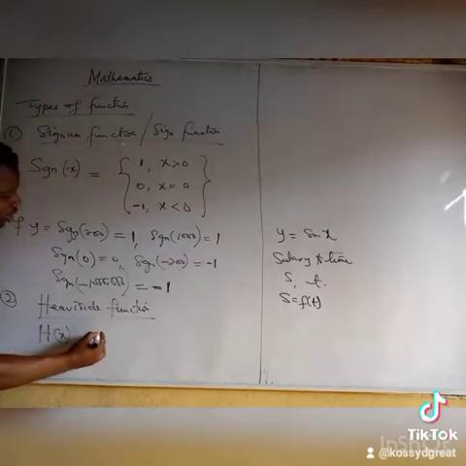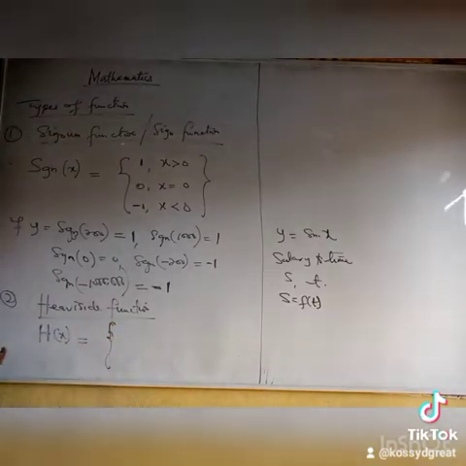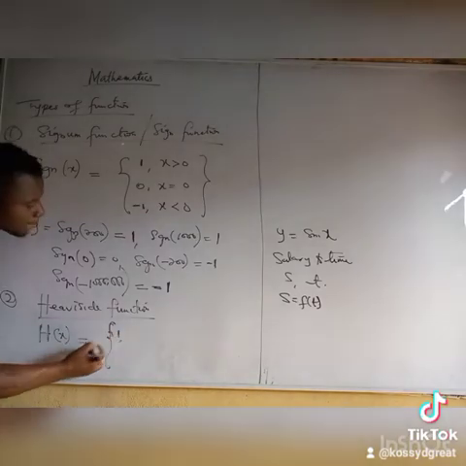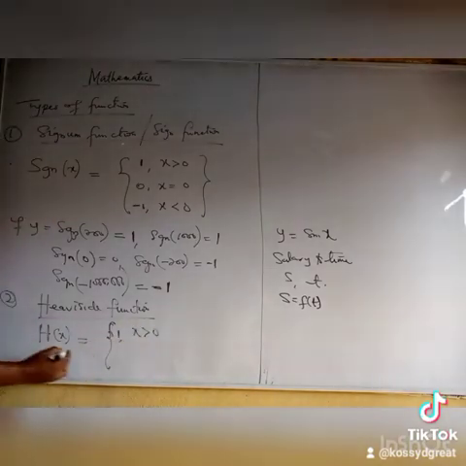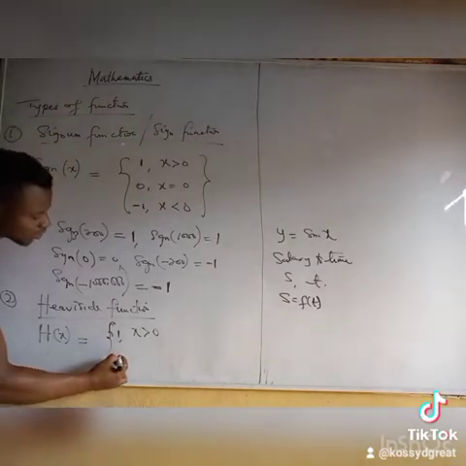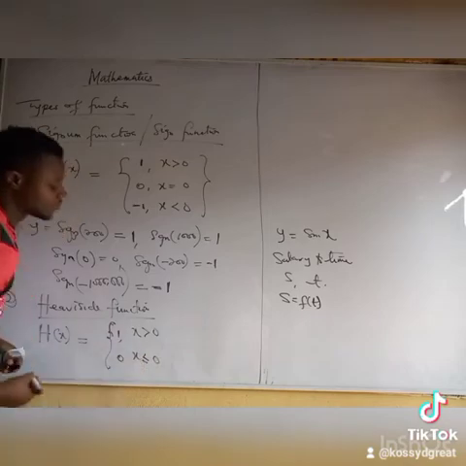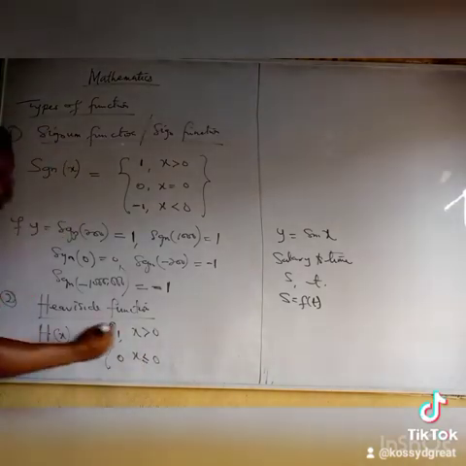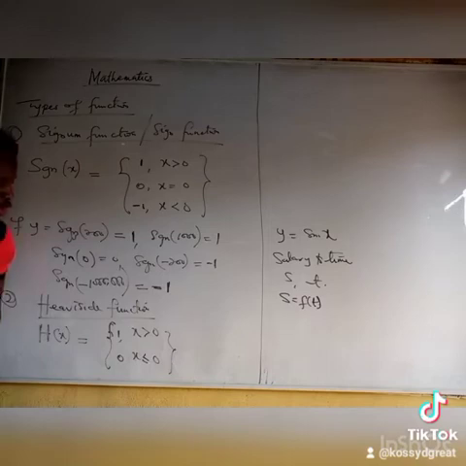The Heaviside function has a condition. What is the condition? It is equal to 1 when x is greater than 0. But it is equal to 0 when x is less than or equal to 0.